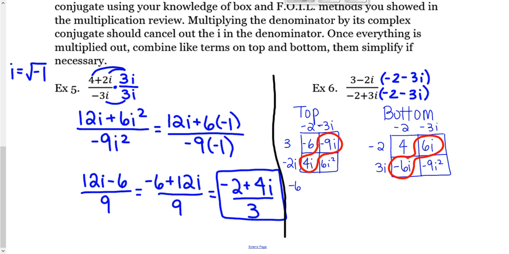So that's negative 5i, and then plus 6i squared. 4, and then these cancel out, so I don't have any of that. I just have negative 9i squared. We know i squared can't be a thing. We've got to change i squared to negative 1.